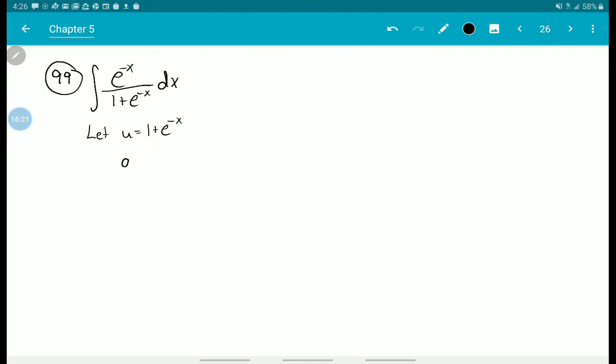So if we were to take the derivative of that, we would have to take the derivative of this piece. Derivative of 1 is 0. The derivative of e to the negative x is e to the negative x times the derivative of the exponent, which would be negative 1.